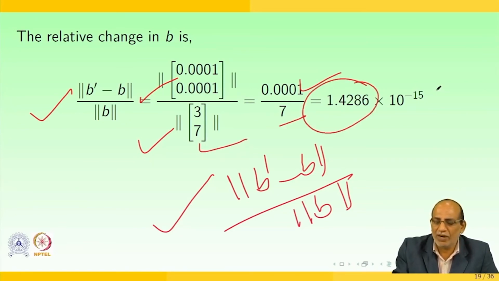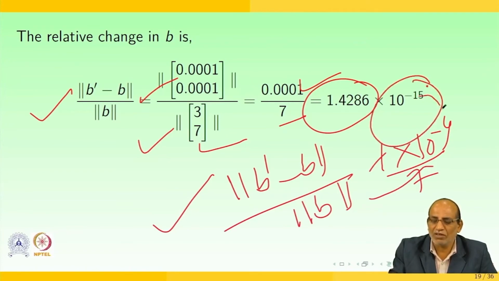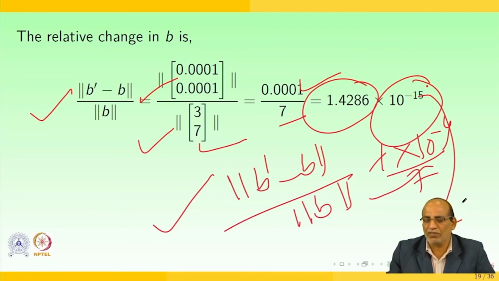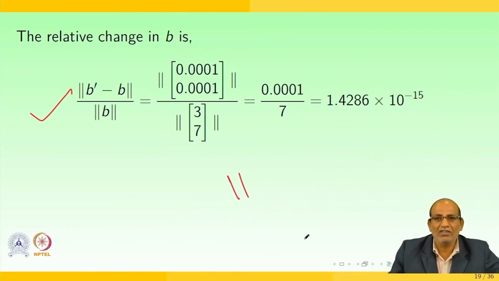So it is multiplied with a very small number, 0.0001 by 7, that is 1 into 10 power minus 4 upon 7, so roughly 10 power minus 5. A very small number you get here. So it is very important to find out the relative change in the errors, and the relative change in the errors is calculated based on the norm. Well, let us go ahead.